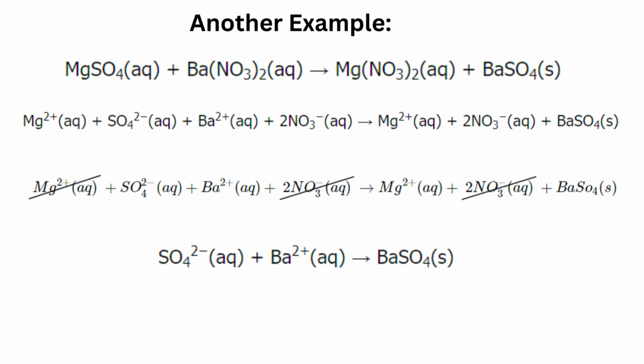Another example is shown here. MgSO4 plus Ba(NO3)2 gives Mg(NO3)2 plus BaSO4. The net ionic equation is Ba2 plus plus SO4 2 minus gives BaSO4.